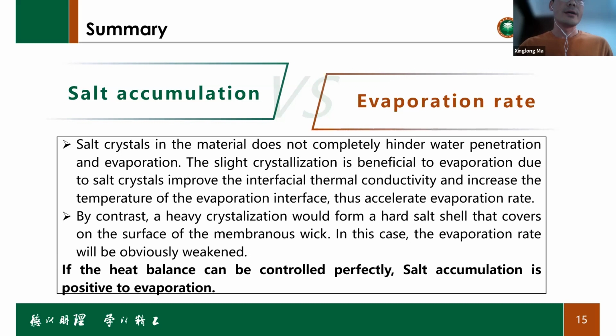By contrast, heavy crystallization would form a hard salt shell that covers the surface of the membranous ring. In this case, the evaporation rate will be obviously weakened. So if the heat balance can be controlled perfectly, I think the salt accumulation is positive to evaporation.